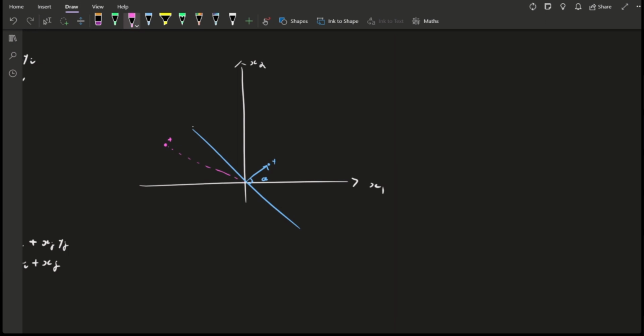So the new decision boundary looks about right. It has a chance of actually misclassifying this original point. Right now it's overlapping, right? Because this point is really far away. So after tuning, your new decision boundary will only be able to classify this point correctly. Now it won't be able to classify this point correctly.